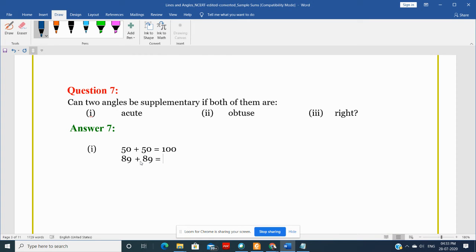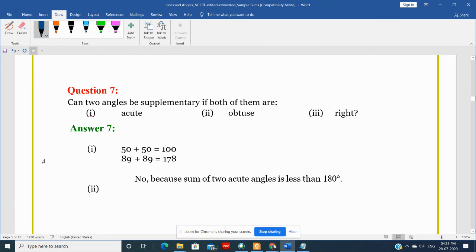Because 89 plus 89 would give me 178. It's still not making 180. So no, two acute angles can never be supplementary because they will be less than 180. With 50 we got 100, but even going up to 89 we get 178.